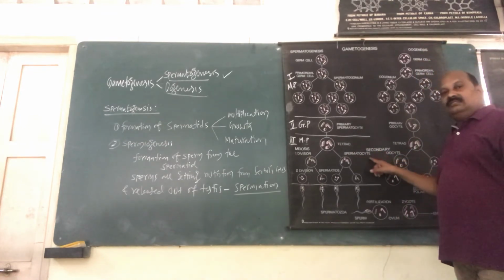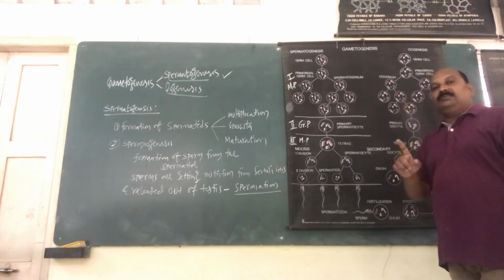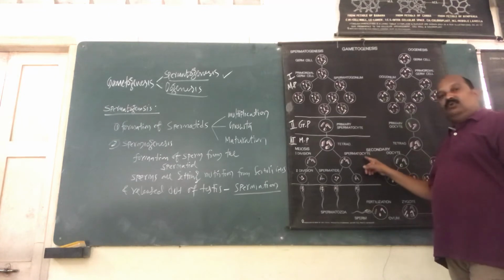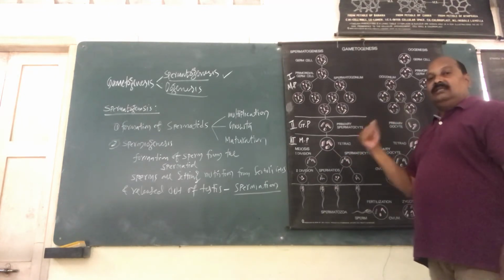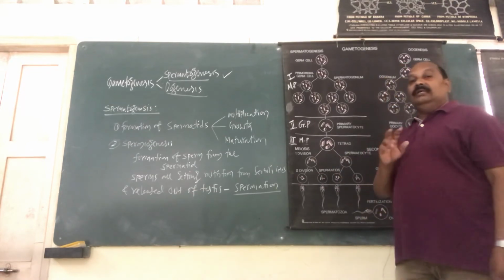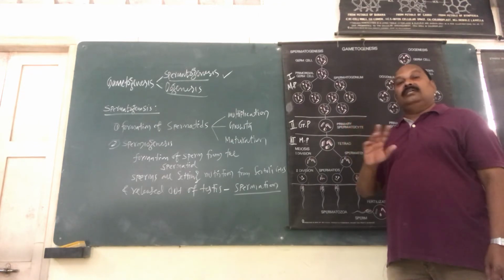Now one primary spermatocyte undergoes first meiosis to form two haploid cells, which we call secondary spermatocytes. Again, the secondary spermatocyte undertakes the second meiotic division. I could say it is simply a mitotic division, an equal division.